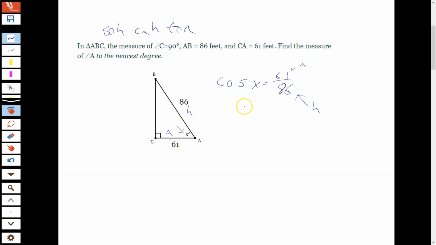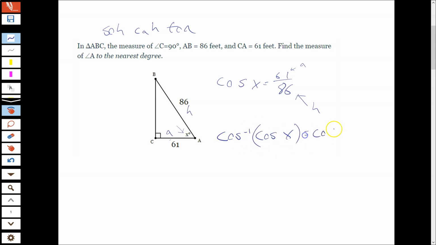We're going to do the same thing that we always do to solve for a variable. We're going to isolate it using inverse operations, and it's going to look a little weird just because these operations are new. The opposite of cosine I write down like this: cosine to the -1. You read this as cosine inverse.